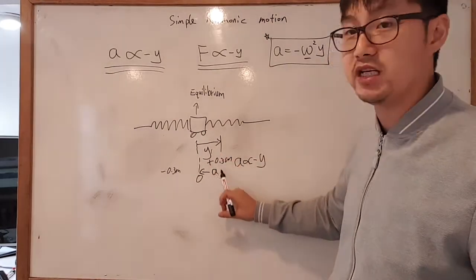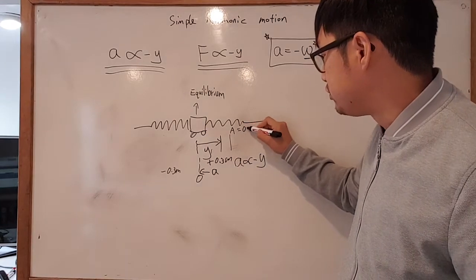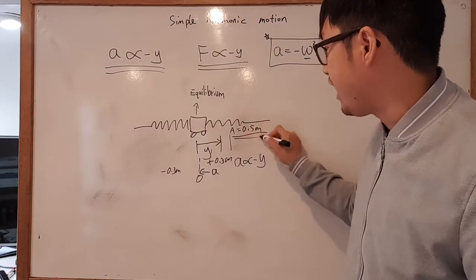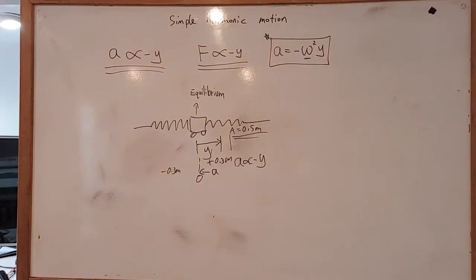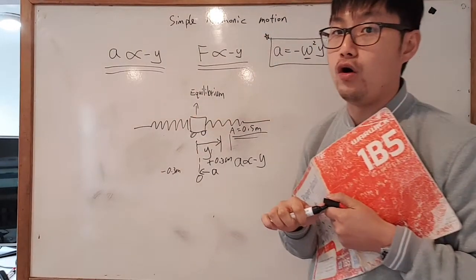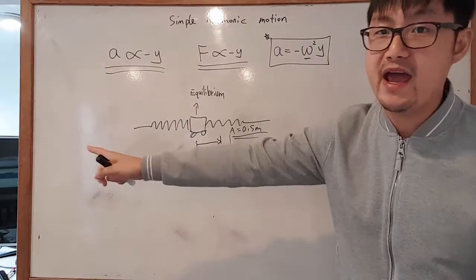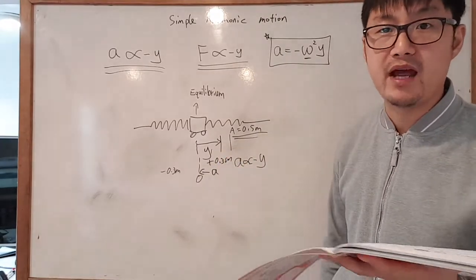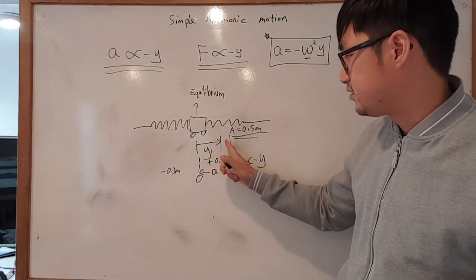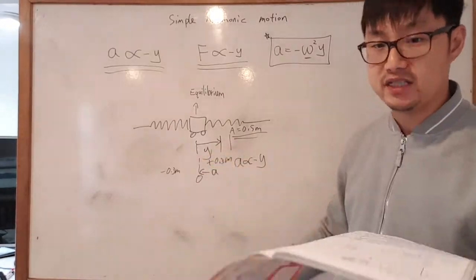Amplitude is the maximum displacement. Say I pulled it over here, amplitude equals 0.5 meter, and then I released it and it started moving. So the amplitude is the maximum displacement that you normally start with, and it might become smaller later if there's some energy loss. But displacement is at a particular moment, where the object is relative to the original position, okay?